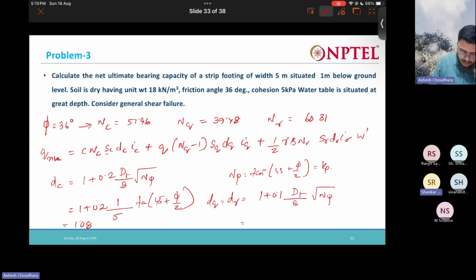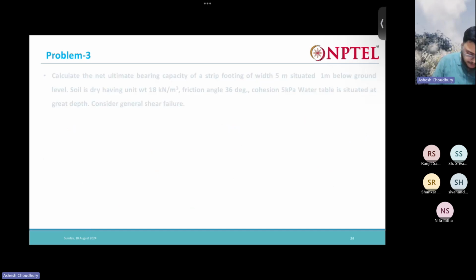So this one will come as 1.04. So now we can put all the values.